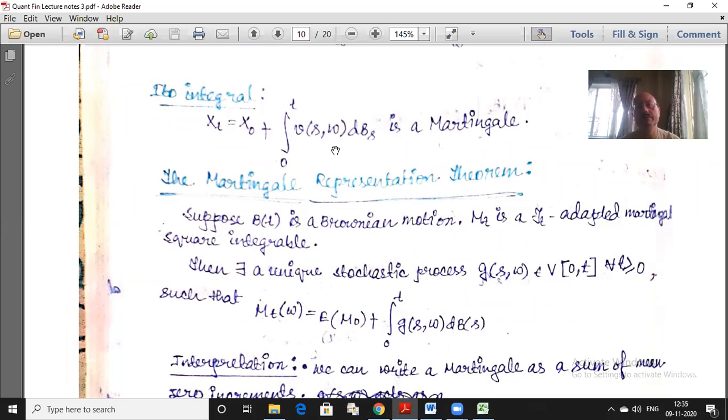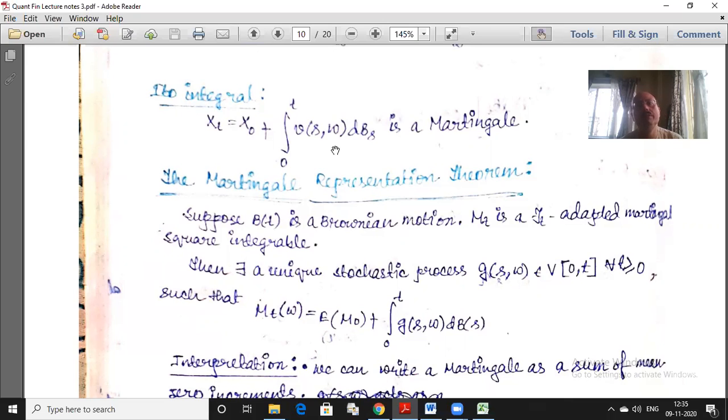You remember this? This type of integrals are martingales. So if my Xt process does not have a dt term, then Xt itself is a martingale. This we have established. What I am now going to say is something very, very powerful. I am saying that the converse is also true.